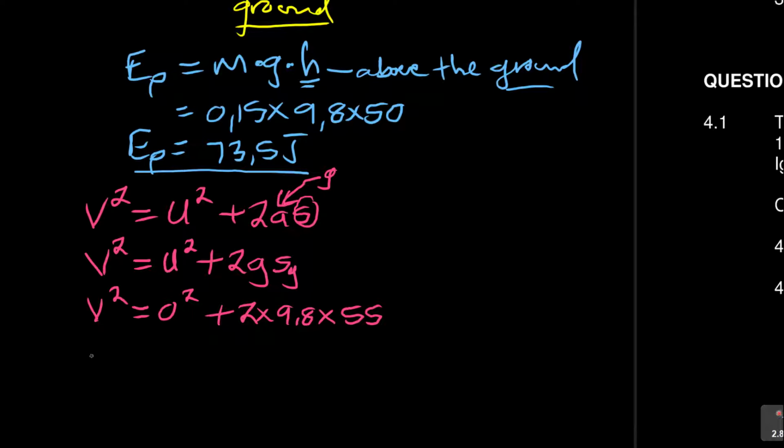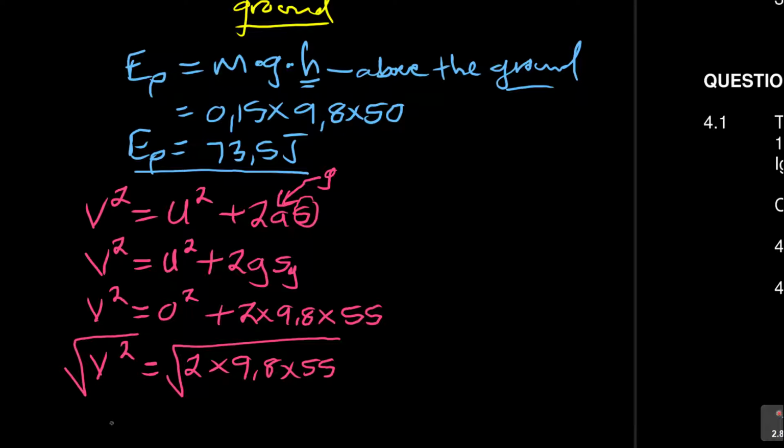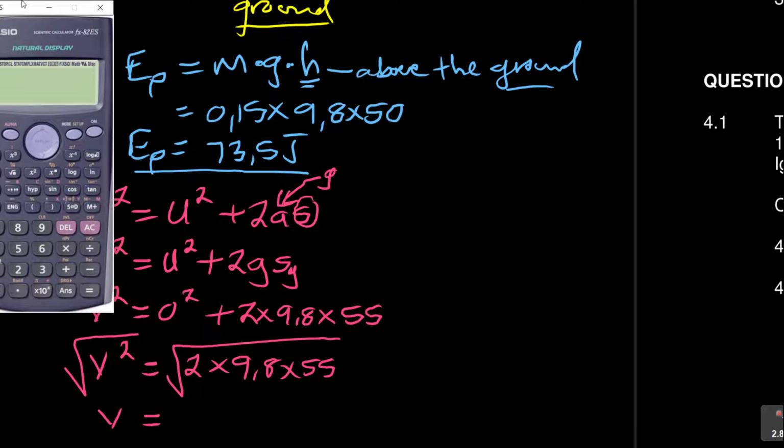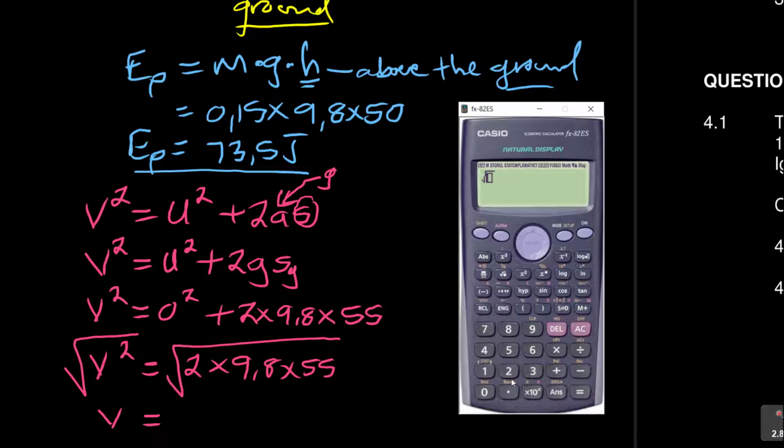Then you can finish up to say V squared is equal to, and then you write that. I think it's better to leave it like that, 2 times 9.8 times 55. Now to find V, you square root both sides. It's better to find the answer once. So V is equal to the square root of that. Don't forget, for me to remove the square on V, what must I do? I need to square root. Okay guys, so you find the square root of 2 times 9.8 times 55.